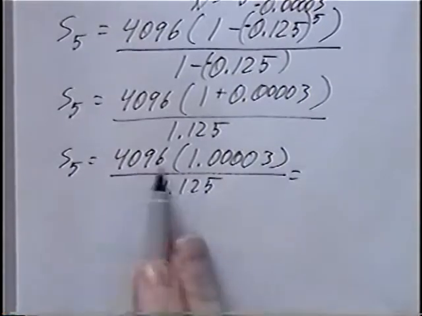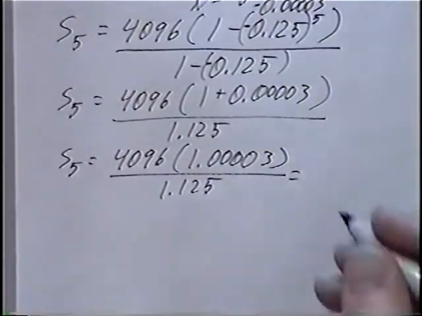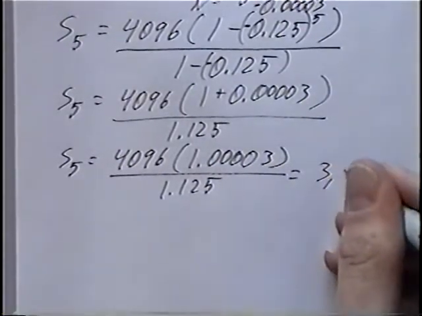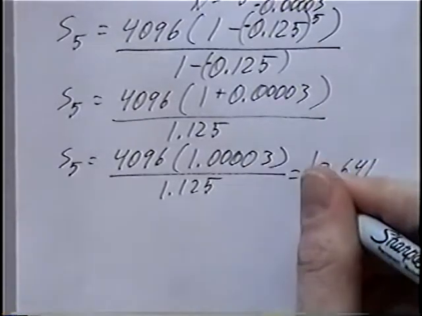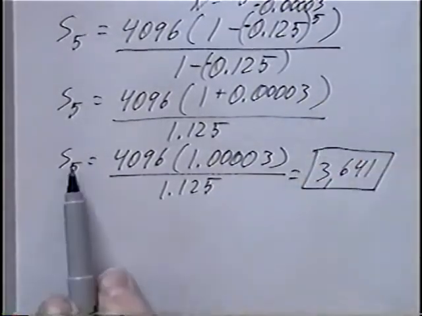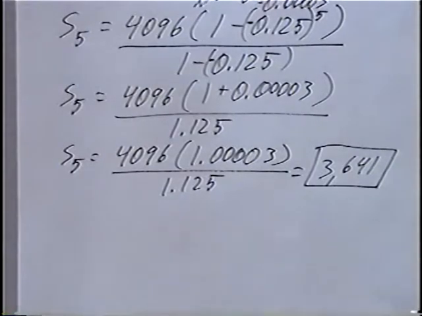Using a calculator to multiply and then divide, the final answer would be 3,641. So the sum of the first 5 terms would be 3,641.